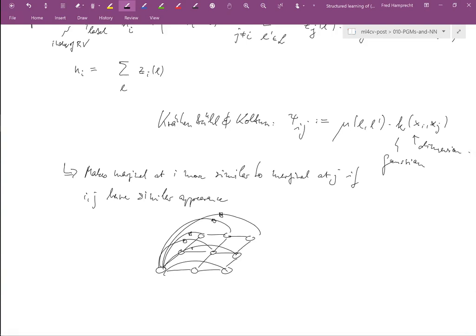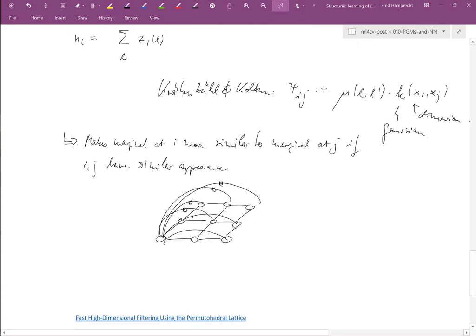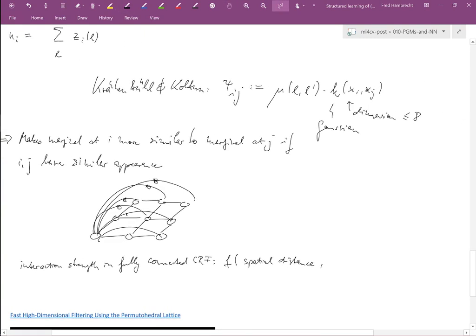In fact, they consider the interaction strength in a fully connected CRF to be a function of both the spatial distance between two locations and the appearance distance or dissimilarity.